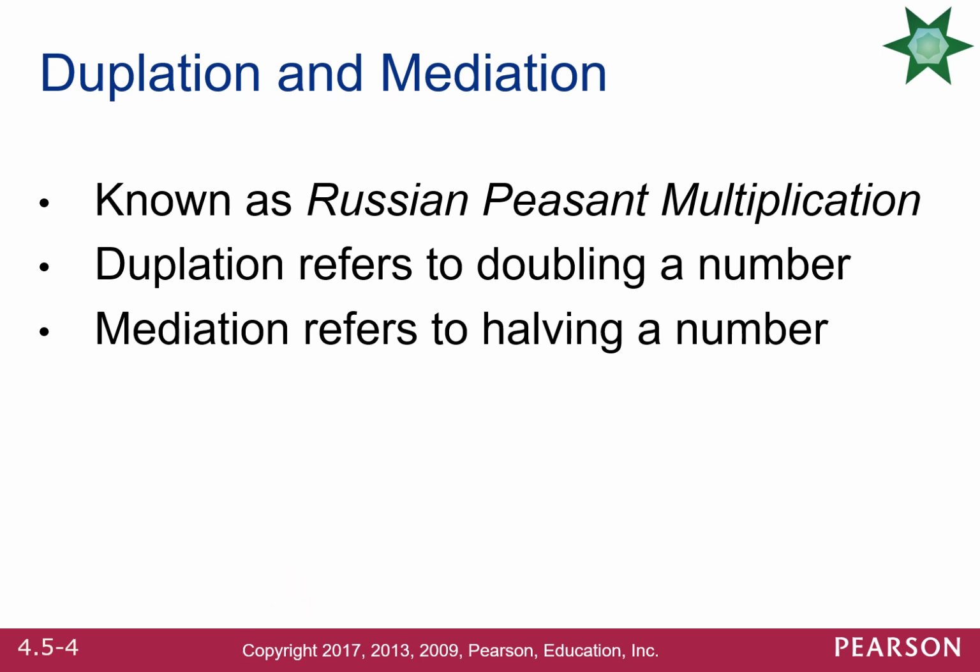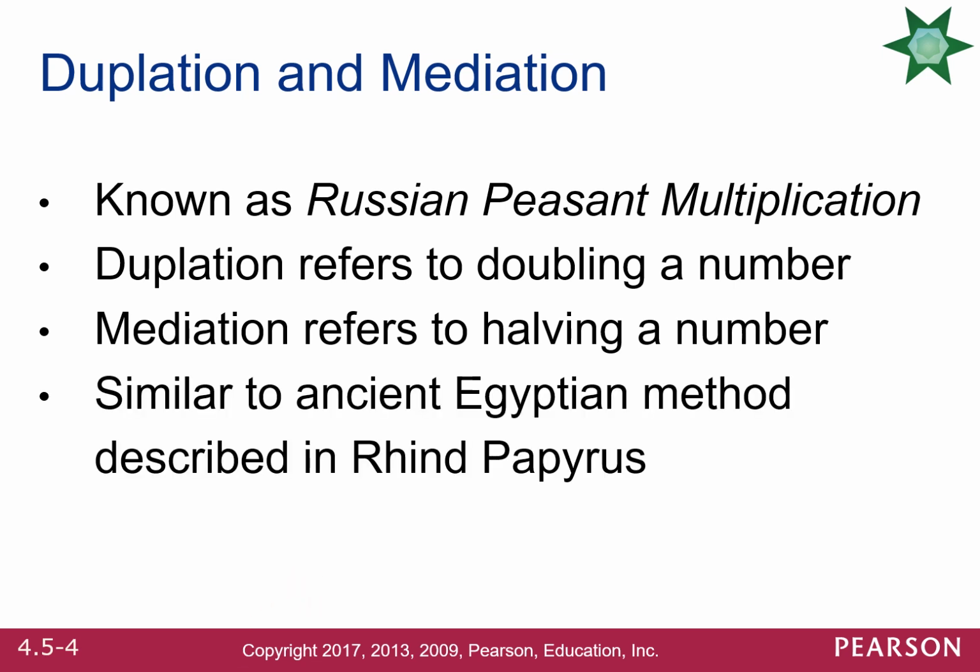All right, and similar to the ancient Egyptian method described in the Rhind papyrus. So it goes back all the way to the Egyptian civilization, these two methods. It's not the exact method that the Egyptians used, but somewhat similar to it, right?